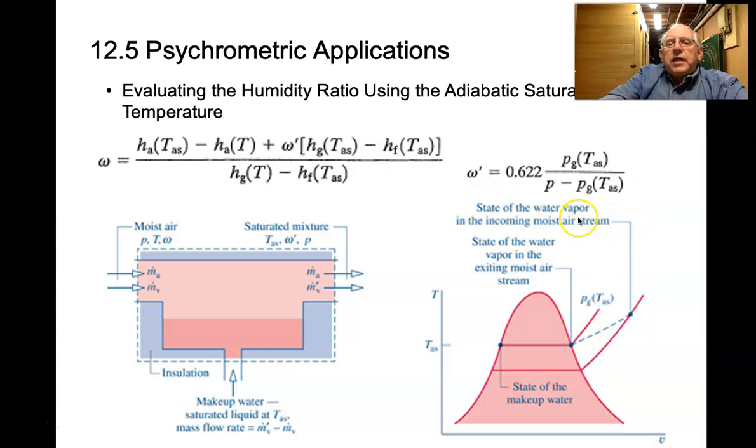This is the state of the water vapor coming in. This is the state of the water vapor exiting. And so that's the adiabatic saturation temperature that one can measure, and then from that and the first law determine what this unknown value of the humidity ratio is coming in.